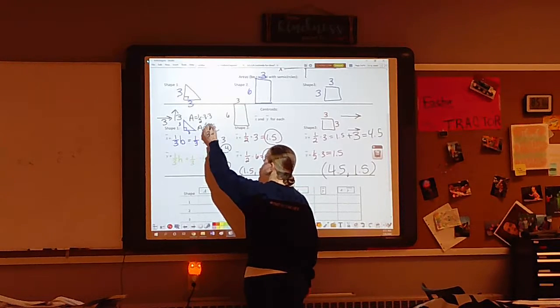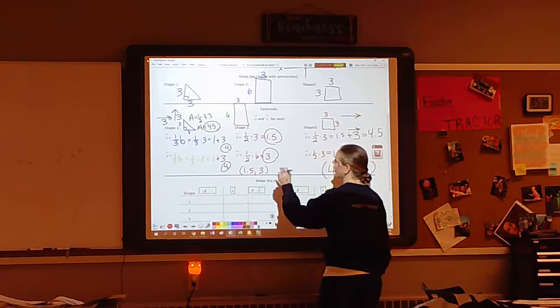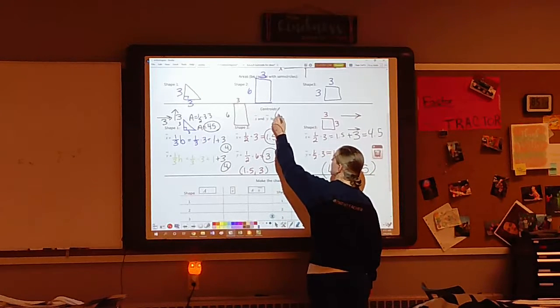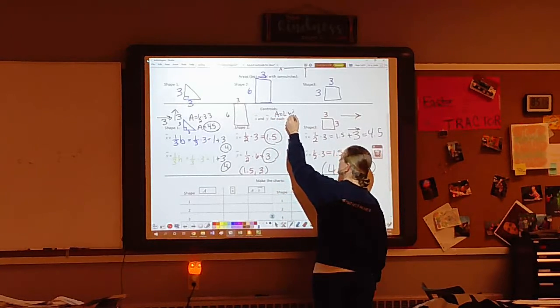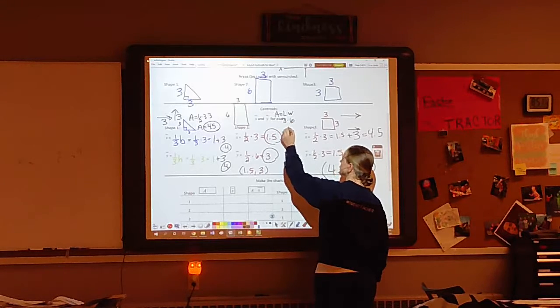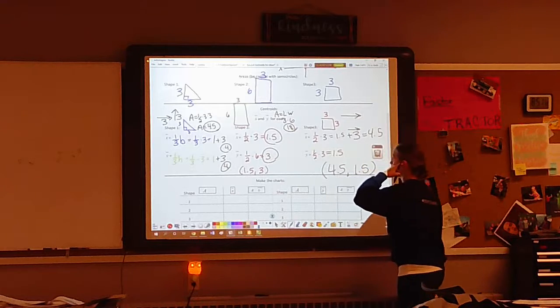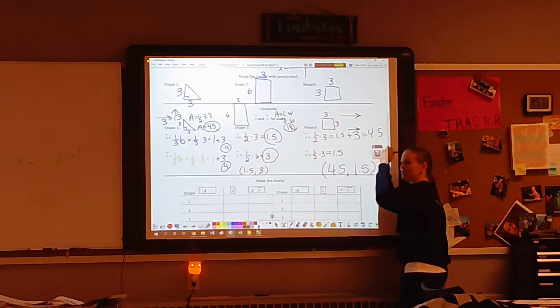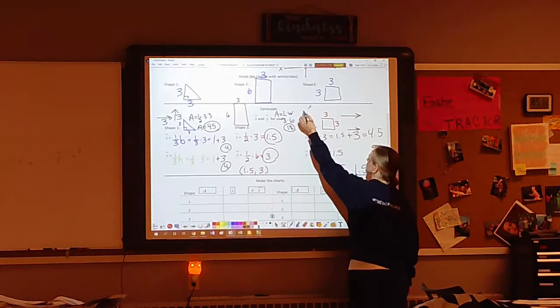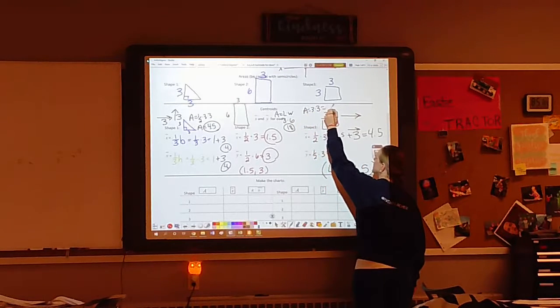Good. So there's the area. Let's do the area of shape 2. So area of shape 2 is length times width. So it's 3 times 6, which is... good. And now let's do shape 3. So it's a square, so it's a length times a width. So 3 times 3 is, all right.